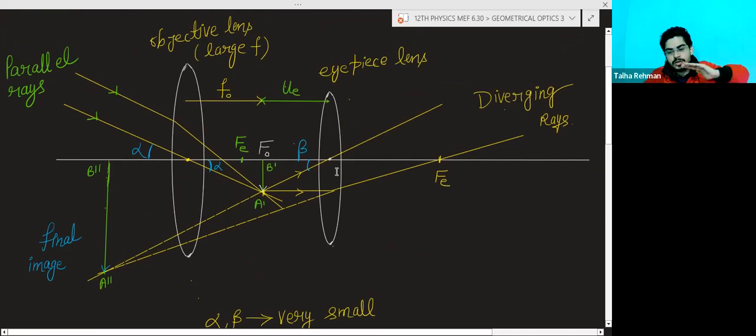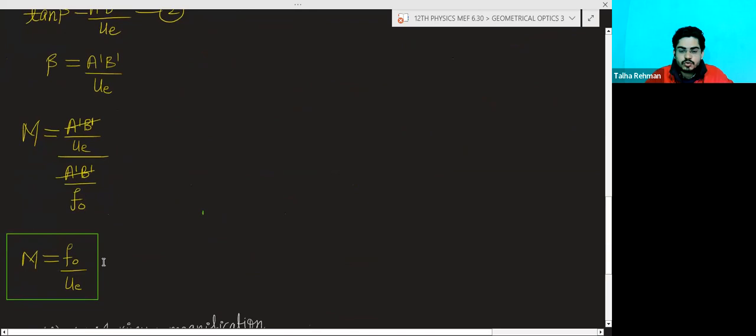The incident ray direction is in this direction, and for measuring the image distance you are moving in this direction. So you will take V is equal to minus D.